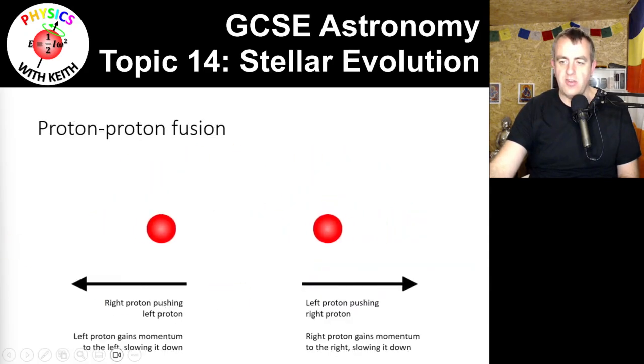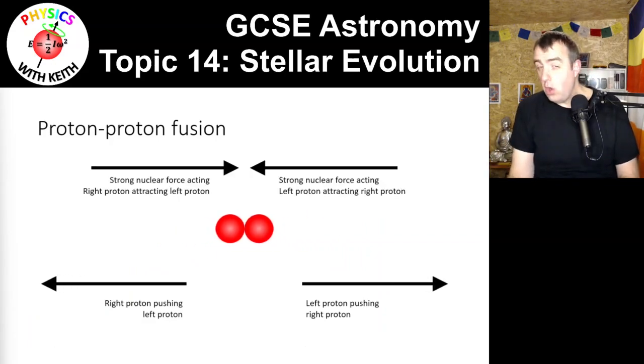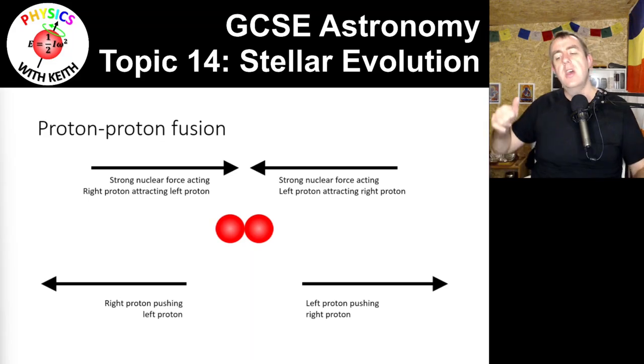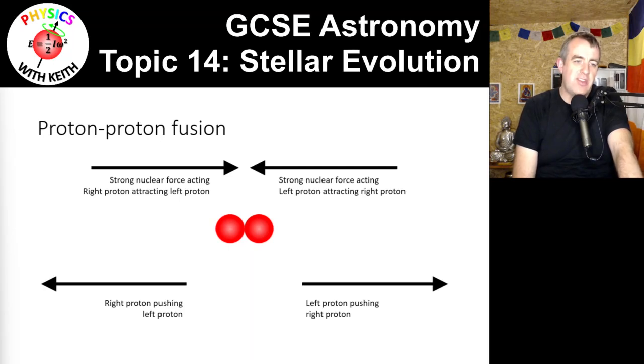I'll show that animation one more time. Bonk. So they have to be close enough together. I've shown them touching here, but they have to be close enough together for that force, the attractive strong nuclear force, to be acting. Right, but you don't get two protons bound together as a single nucleus.